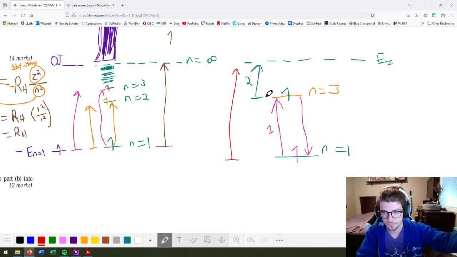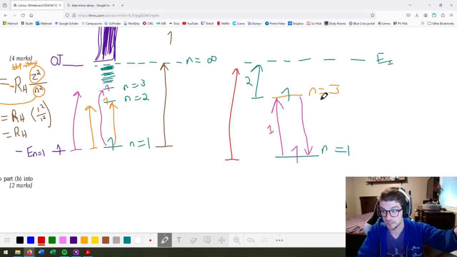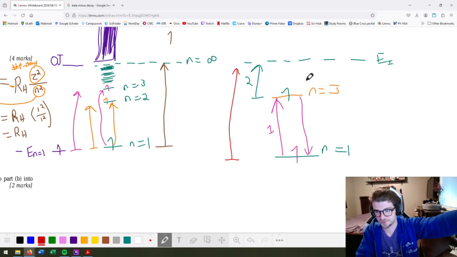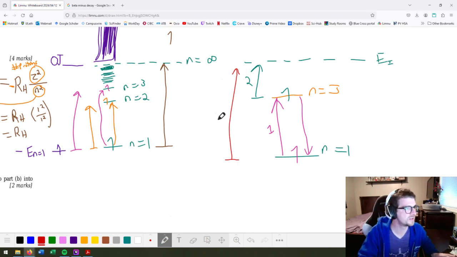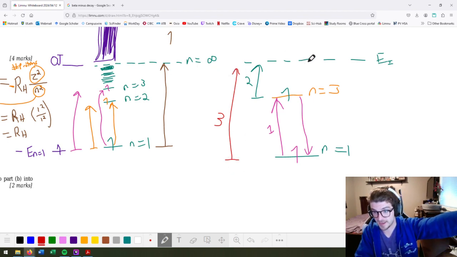Light source 2 would be absorbed by any electron in the n equals 3 energy level and ionize it. And then light source 3 will be absorbed by a ground state electron and it will ionize that.